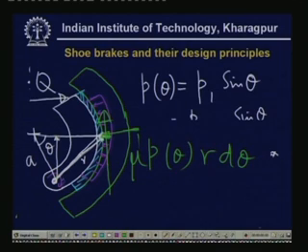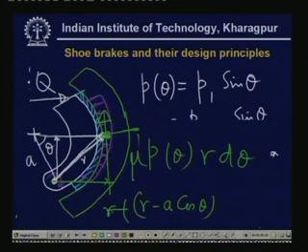So, this distance is again, I am sorry, this is r minus a cosine theta. So, this is the lever arm which could be multiplied to this force to find out this M theta, that is the moment due to this friction force. Then we can take the moment about this point and find out what is Q. This is roughly the design procedure for how to find out Q.